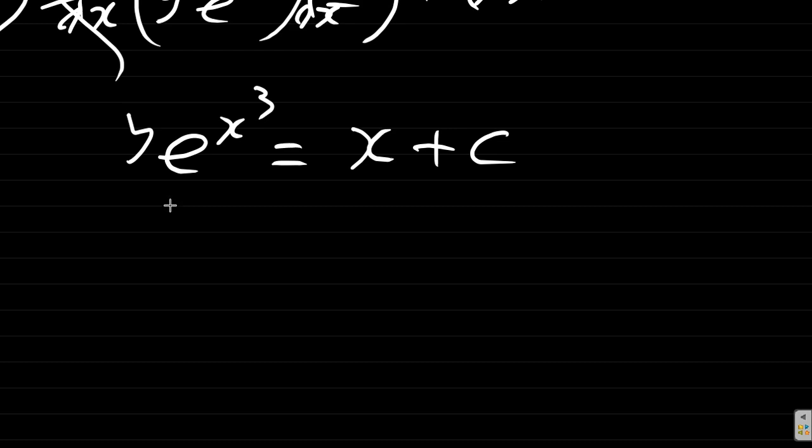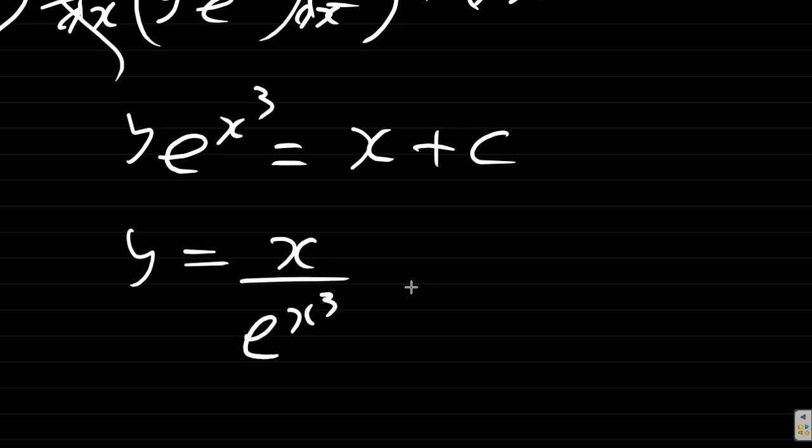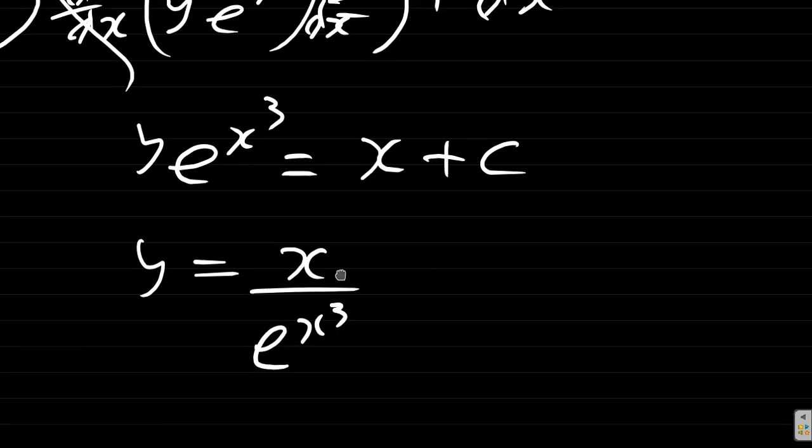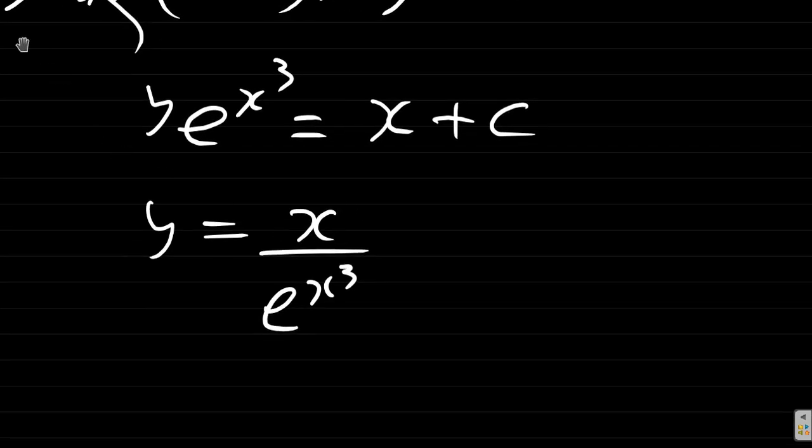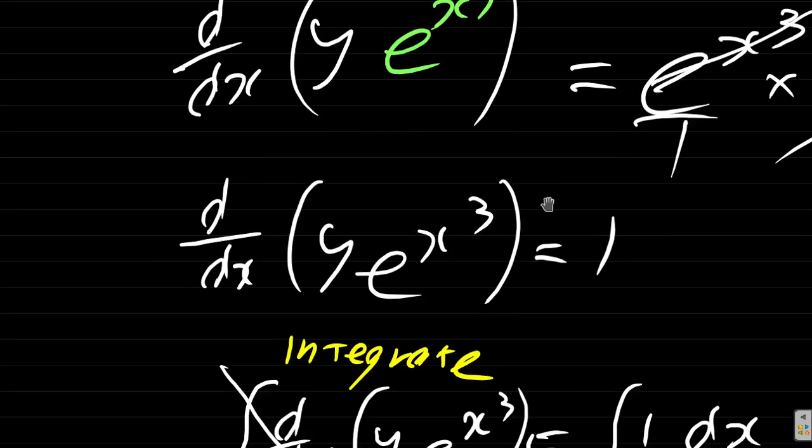Divide both sides by e to the x cube. You have y equals x over e to the x cube plus c over e to the x cube. Let's review quickly.